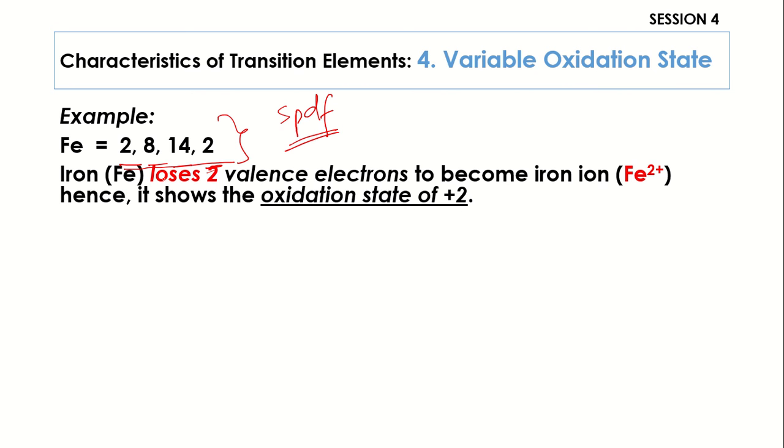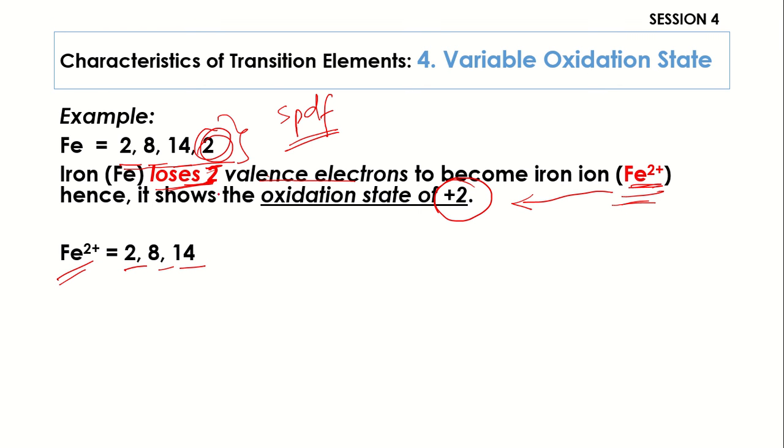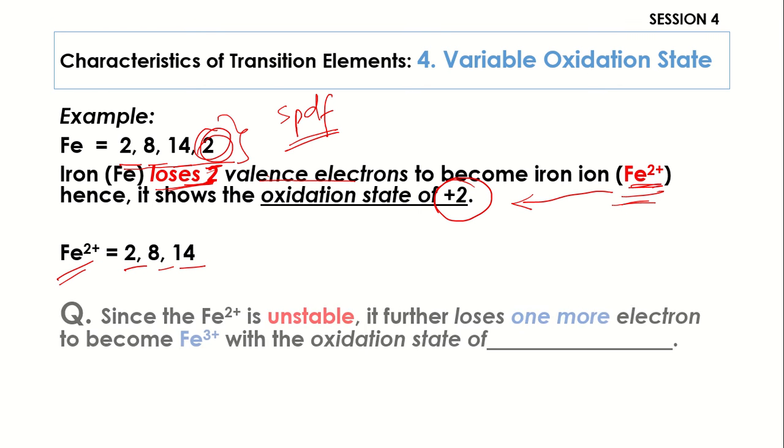So iron, when it loses 2 electrons from the valence shell, becomes an iron ion with 2 positive charge. And we write the oxidation state of the iron ion with 2 positive charge as +2. And the electronic configuration of iron +2, we write as 2, 8, 14, because the last 2 electrons are already lost.